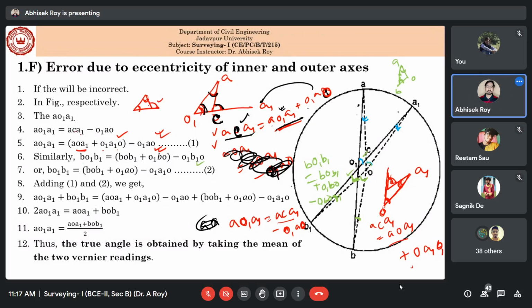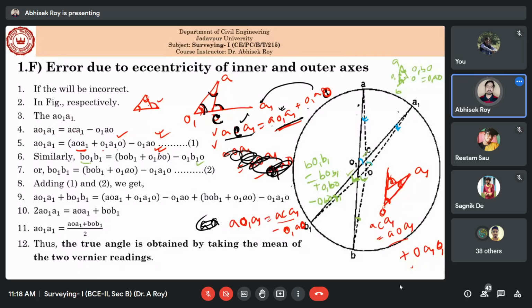So O1BO will be similar to O1AO. So these two angles are similar.